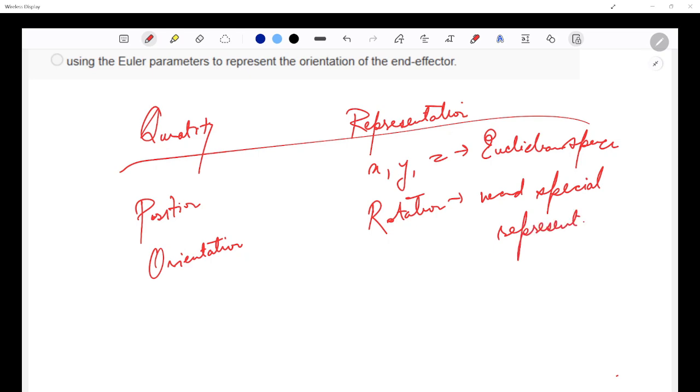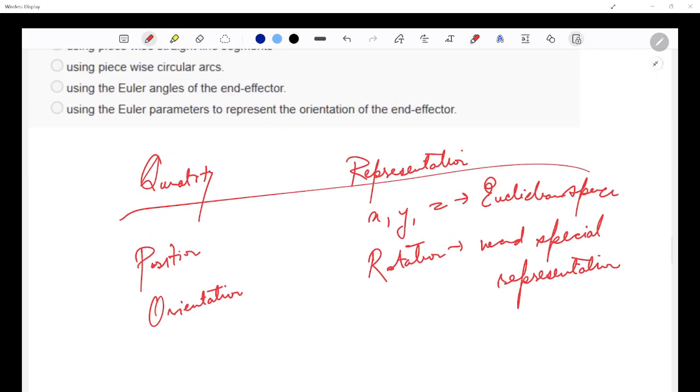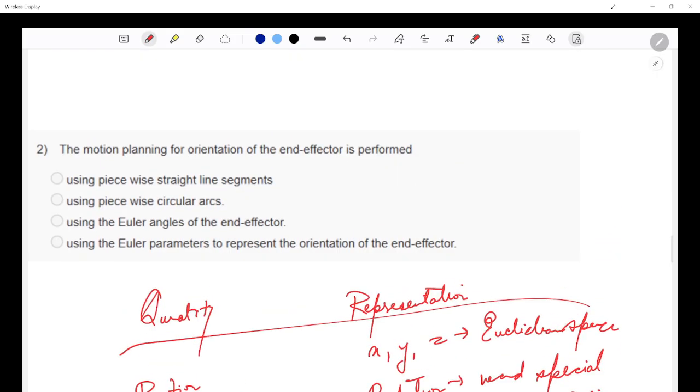The first option is using piecewise straight line segments. It is wrong because straight lines are for position planning in Cartesian space. Orientation is non-linear. It belongs to rotation space.